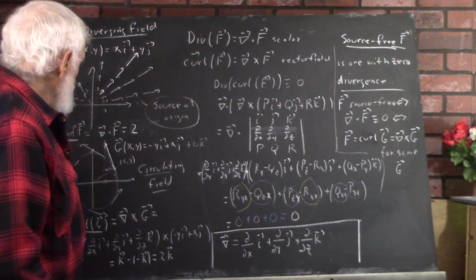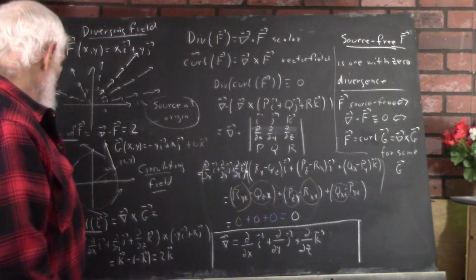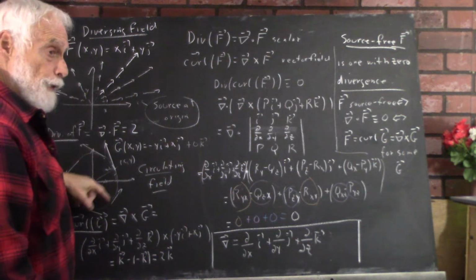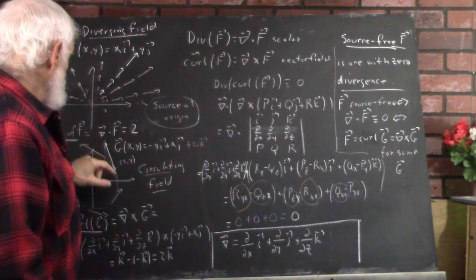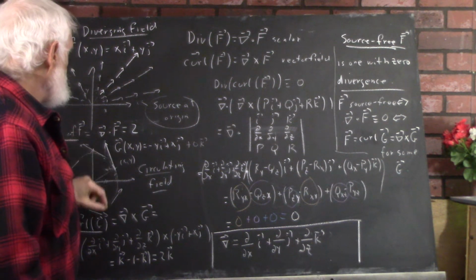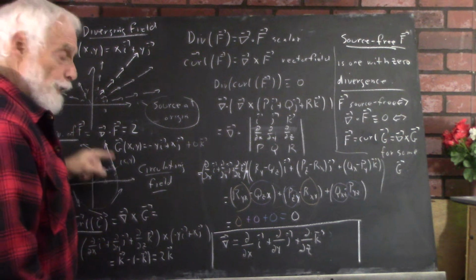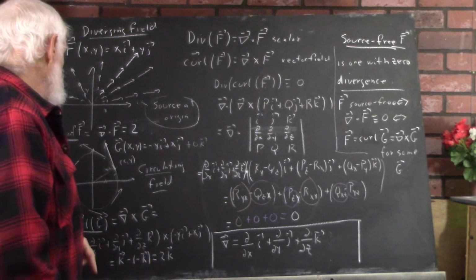Okay, in any case, a circulating field is one where if you do a path around the origin, and I've done a circular path here, the field tends to run perpendicular to the radial line. Or at least there's a component of the field that runs perpendicular to the radial line.